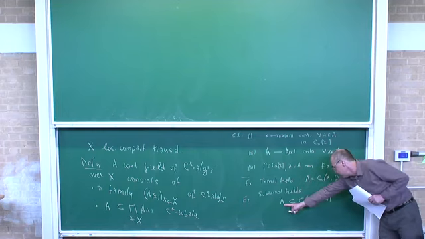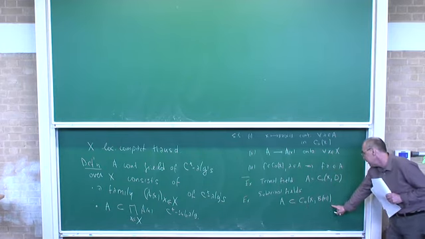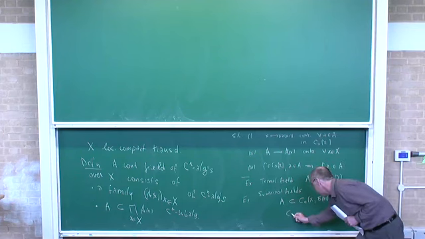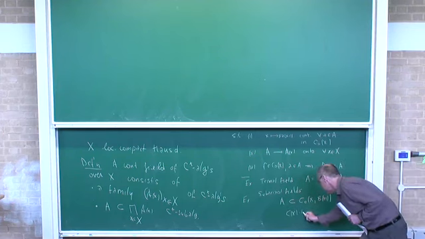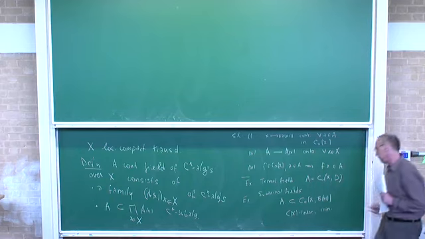You see? So A should be a subalgebra of a trivial field, and of course we want this embedding to be C_0(X) linear, an embedding inside the trivial field.